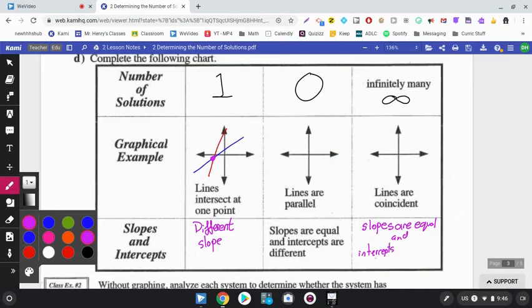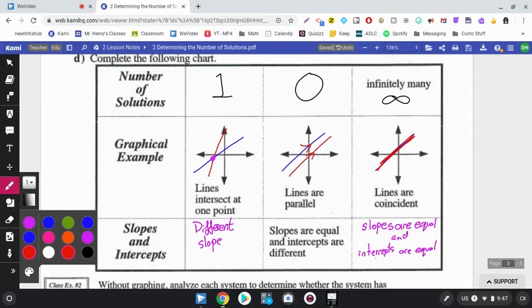Or really, what that means is it's the same line. Okay? That's where it's, hey, here's my first one. Hey, here's my second one right on top. Okay? Whereas my parallel, they don't touch. Okay? Those are 2 lines that are separated. They have the same slope, so they're parallel, but the intercepts are different.